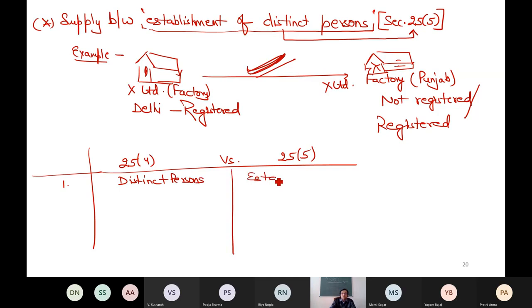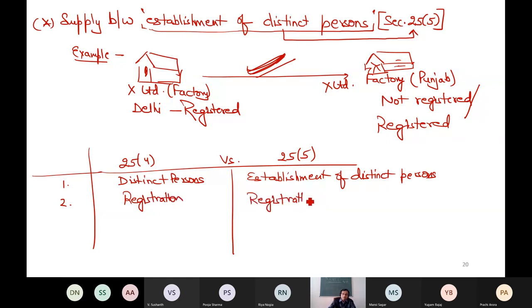This is one thing. Second point, here registration in respect of one establishment is a must, but the second can be unregistered, no problem. Second can be unregistered or registered, doesn't matter.